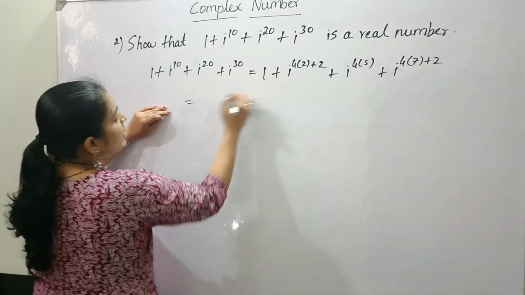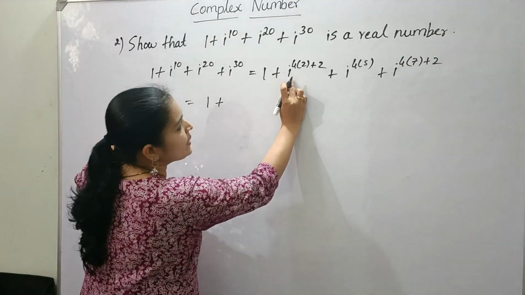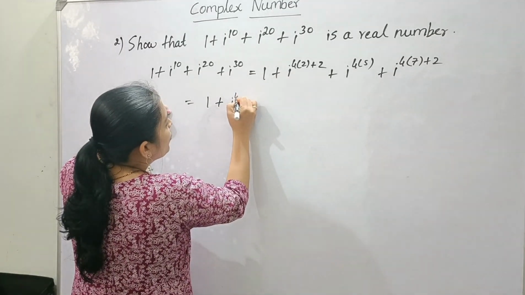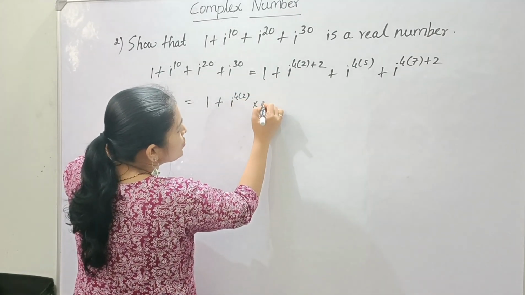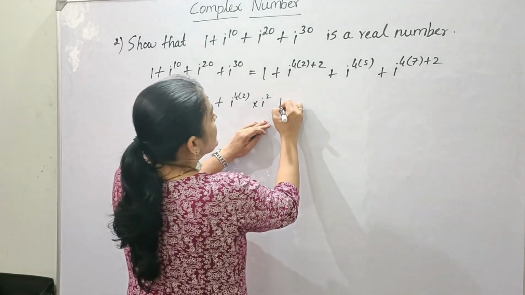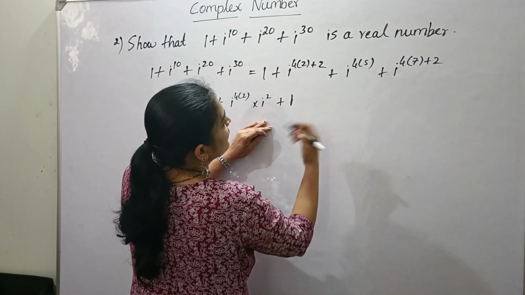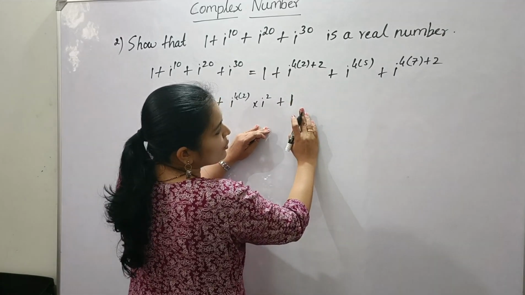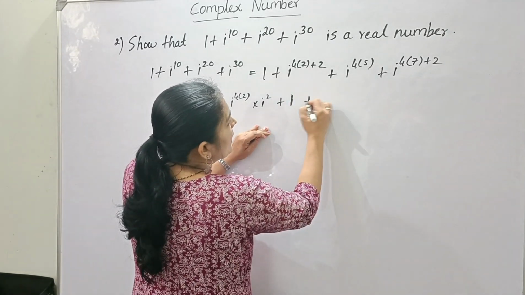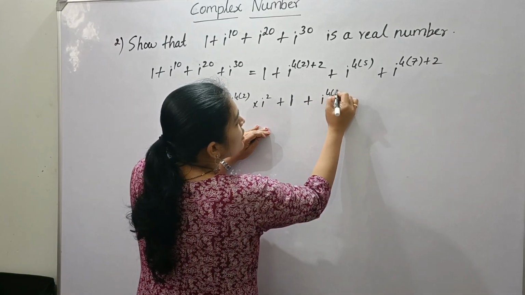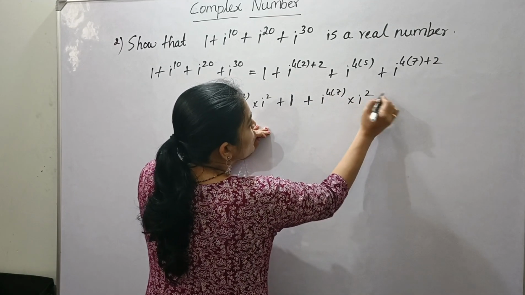That is equal to 1 plus i raised to 4 into 2 into i square plus i raised to 4 into 5, that is nothing but 1, plus i raised to 4 into 7 into i square.